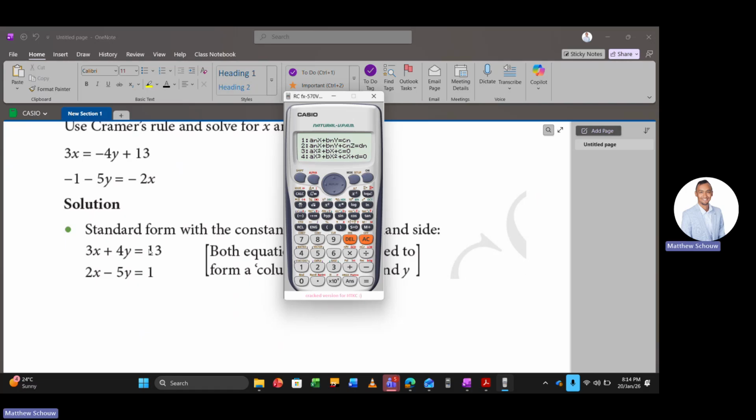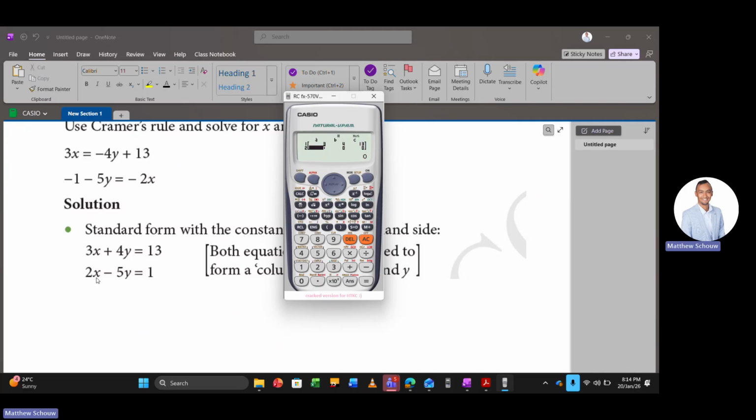So you want to have your constant on the other side, where it's equal to 0. It must look exactly the same. Nevertheless, you click 1, and all you're basically doing is putting in the coefficients. So 3 would be the first one, 4 would be the second one, and 13. These values are coming from there, there, and there.